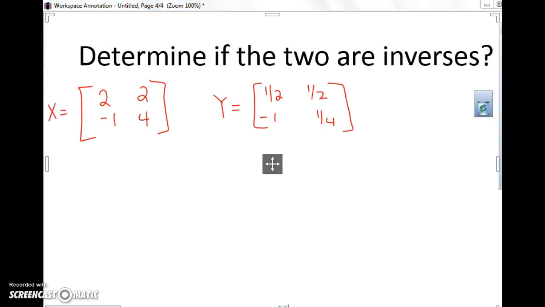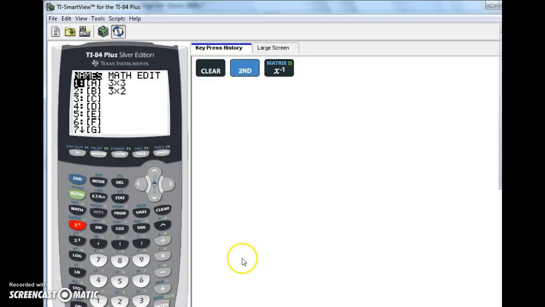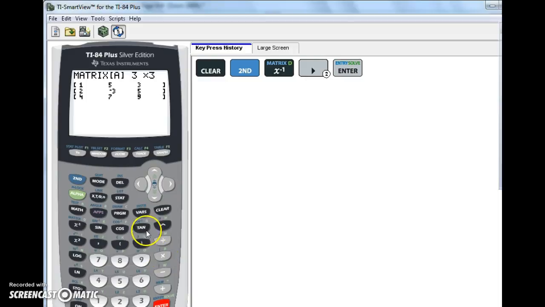So we're going to bring out our calculator, and we're going to clear it out. And we're going to put that first matrix in the calculator. So we're going to go second, the x -1 button, go over to edit, and we're going to type in our A matrix. And it was a 2 by 2.